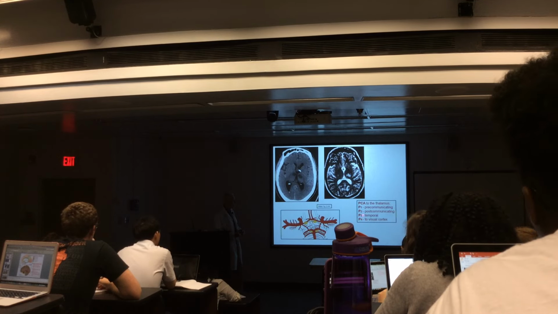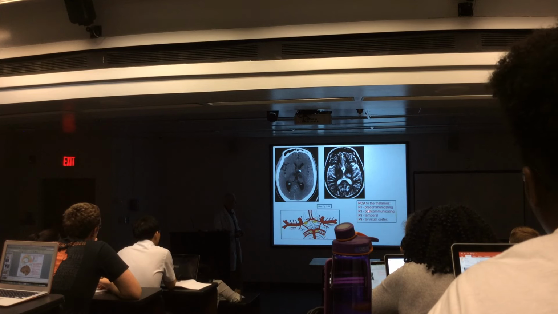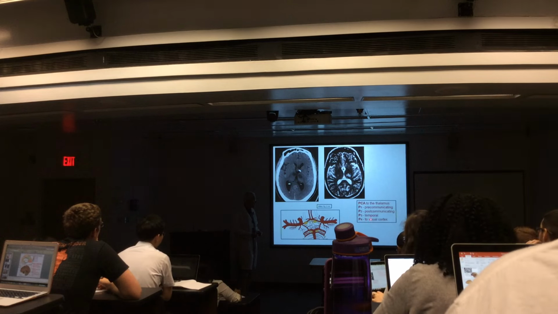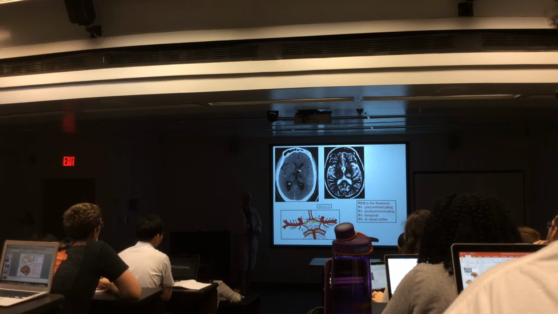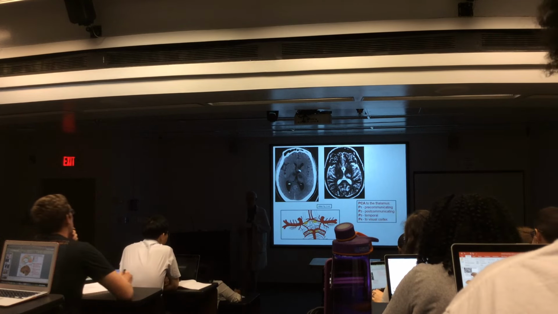Pre-communicating has some important vessels right here that we talked about and will repeat again. Post-communicating, the same thing. The temporal branches are just temporal branches. We're not going to give them any special designation. They would be called temporal because they're big vessels going on the inferior surface of the temporal lobe. And visual cortex is calcarine itself, and the area immediately above and below.